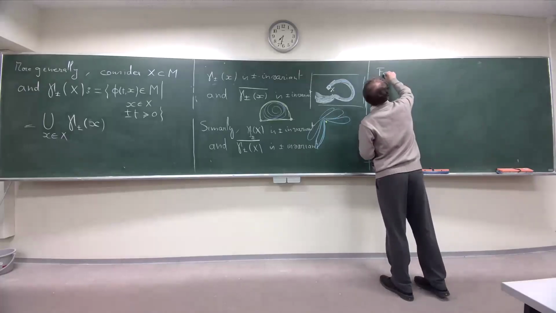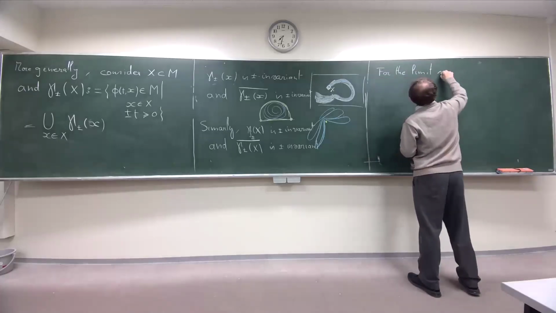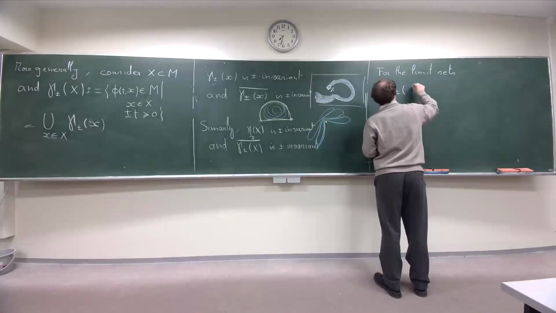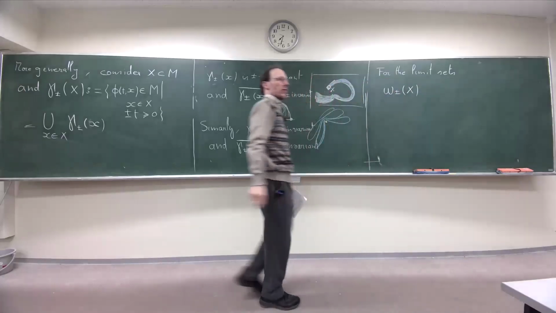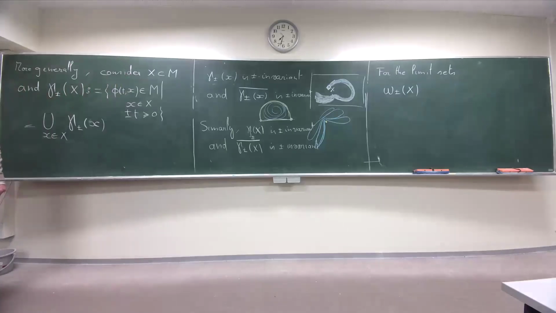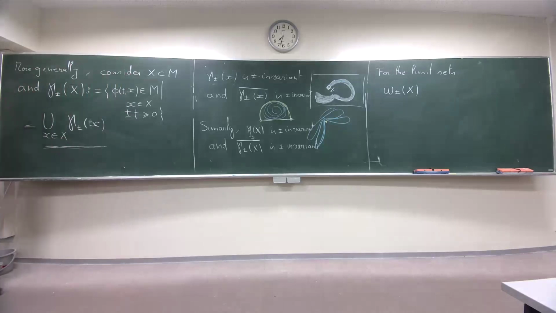For the limit set, I want to define W plus minus of capital X. So far, I don't have any definition for this. You could say, because of this, I just take the union over x of the limit set for each trajectory.